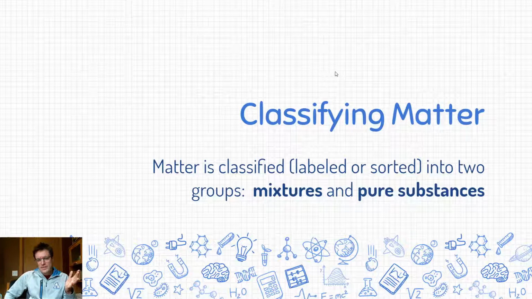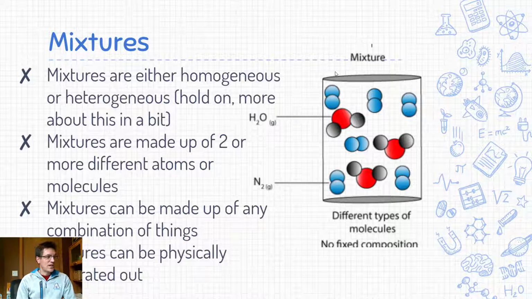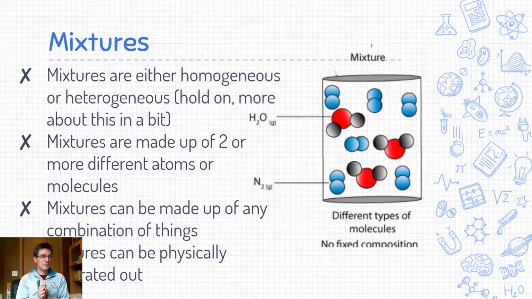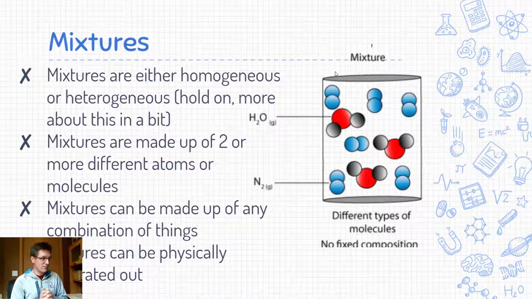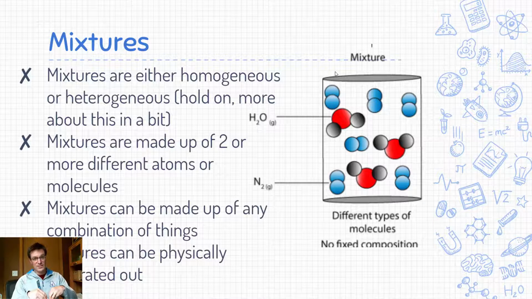Matter can be a mixture of different types of things, or it can be a pure substance. I'm going to talk about mixtures first. We got two different ways to think about mixtures. There's homogeneous and there's heterogeneous. Those are big words. I'll talk about those things in a bit. But a mixture is obviously when you've got two different kinds of matter or more and they're mixed together.